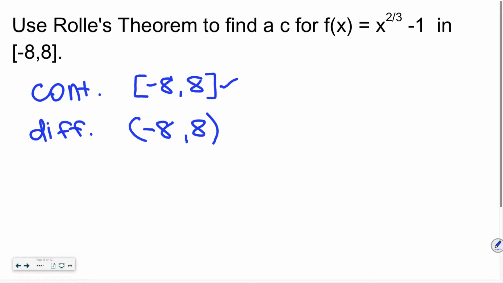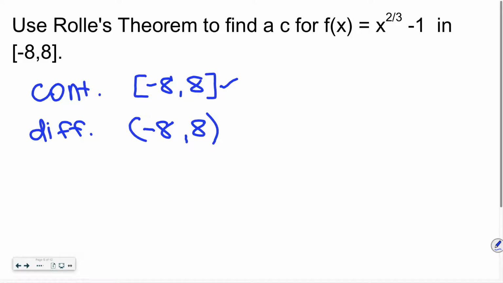Okay. Is this function differentiable from -8 to 8? Yes. Please keep in mind, we don't want our derivative to ever be undefined. If our derivative is undefined, it's not differentiable there.